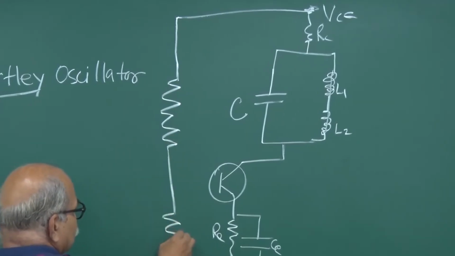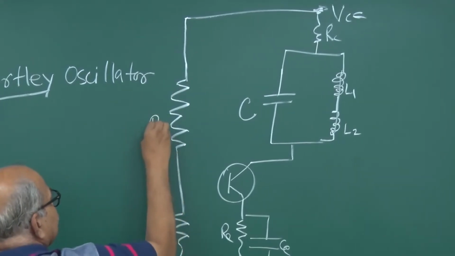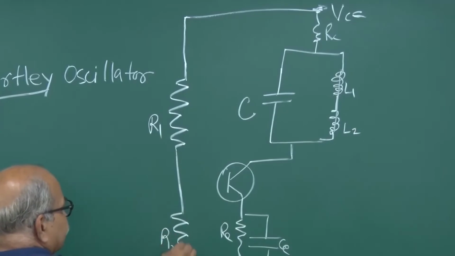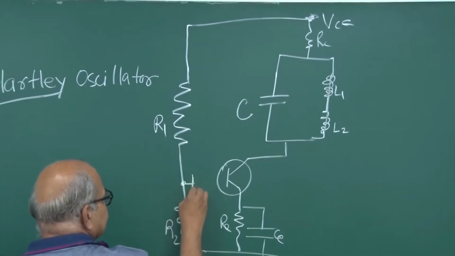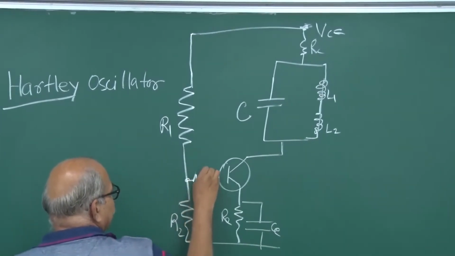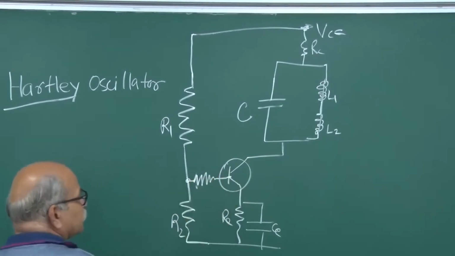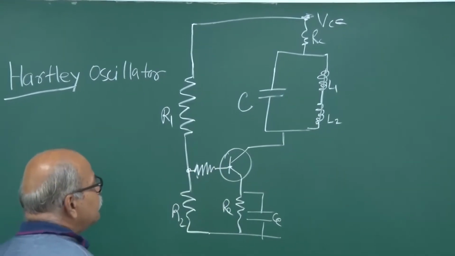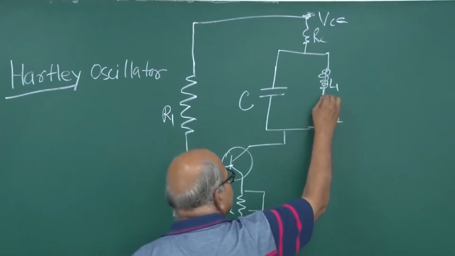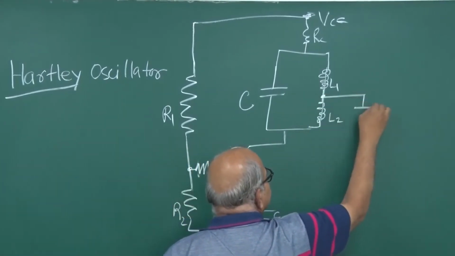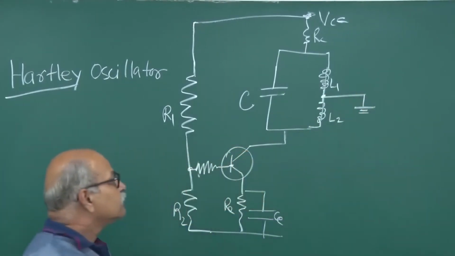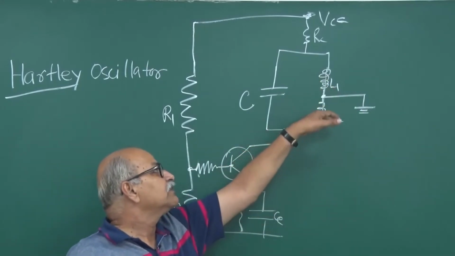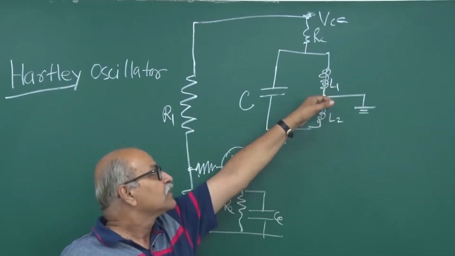So R1, R2, and then from here you give this biasing to the base. The center, that means the junction of L1 and L2, is grounded.